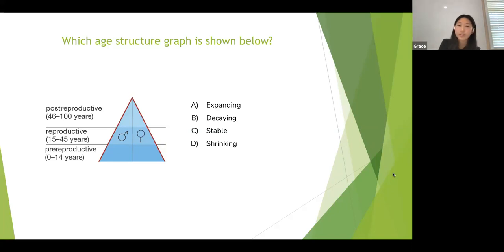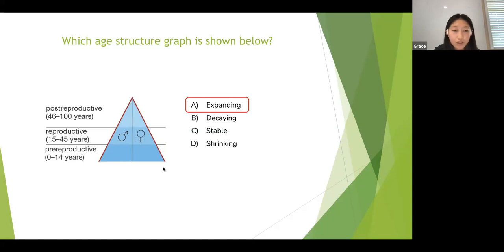All right, so let's find out the answer. The answer is going to be A, and this is because the population is expanding. If you look at this triangle shape, even though you might think it's getting smaller as you go up, the overall population, if you consider this graph, is going to be expanding.